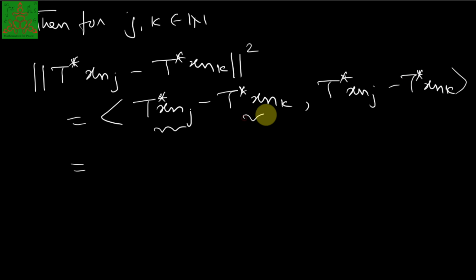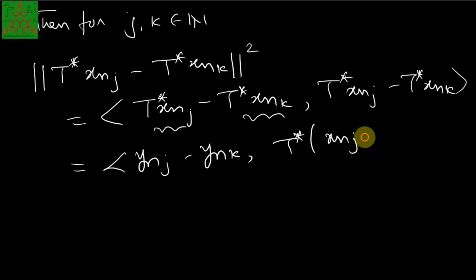I'm using these two quantities as y_nj minus y_nk, and x_nj minus x_nk.